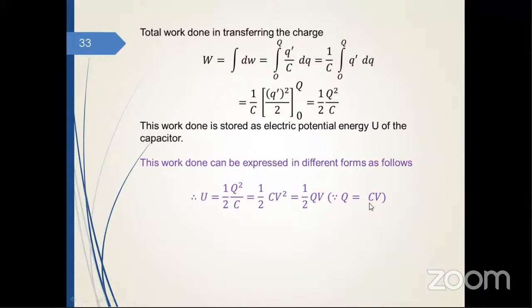Again, Q is equal to CV, therefore this is 1/2 QV. That means we are using this basic equation Q is equal to CV, and in this way work done is obtained in different forms as given here.